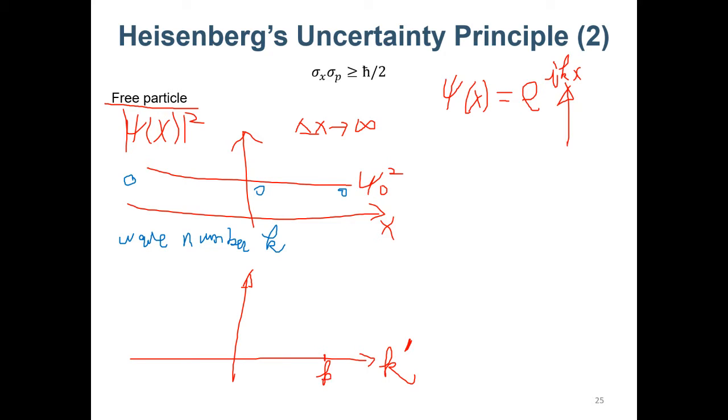So in the k domain, it is actually a delta function, delta k prime minus k. All of you have studied signals and systems. In the supplementary note, I'll tell you that in the x domain and k domain, they are a Fourier transform pair.